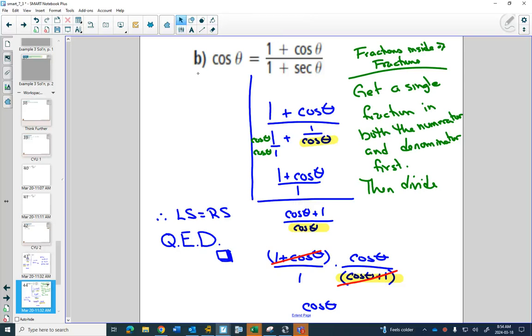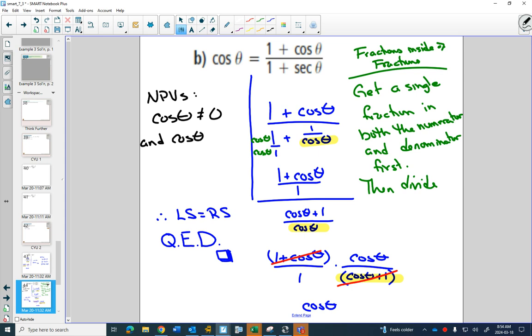So, for our non-permissible values, cos of theta can't equal 0, and cos of theta plus 1 can't equal 0. We have two different places on the bottoms of those fractions. One of them is just cos theta, and one of them was cos of theta plus 1.